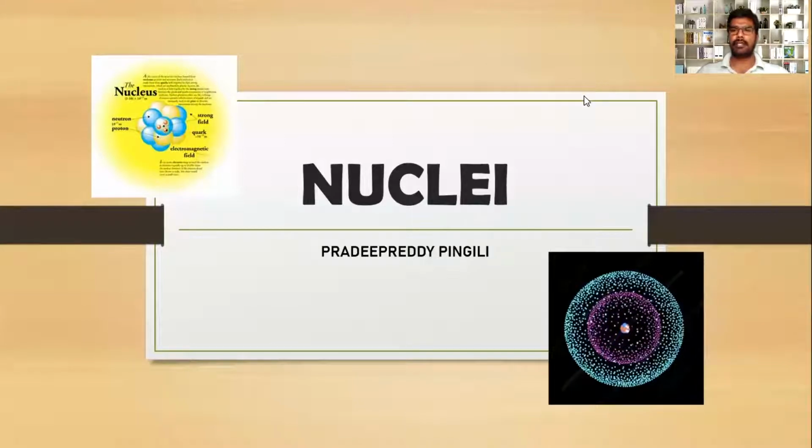But after the Rutherford scattering experiment, it was confirmed and proved that all positively charged particles are concentrated at the central portion of the atom, and it is said to be the nucleus. The nucleus is the discovery of Rutherford, from the alpha ray scattering experiment.